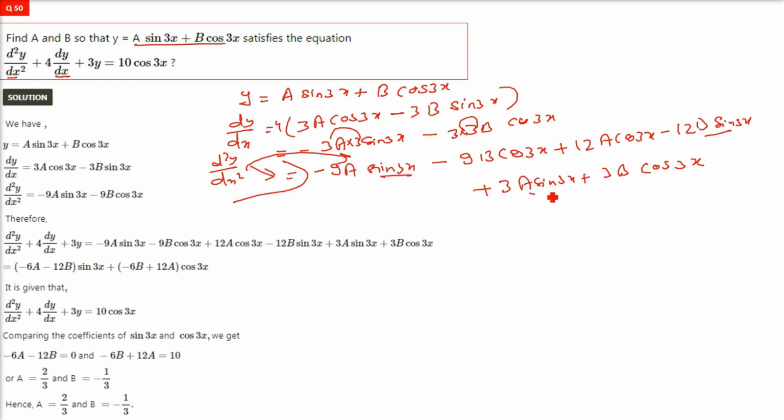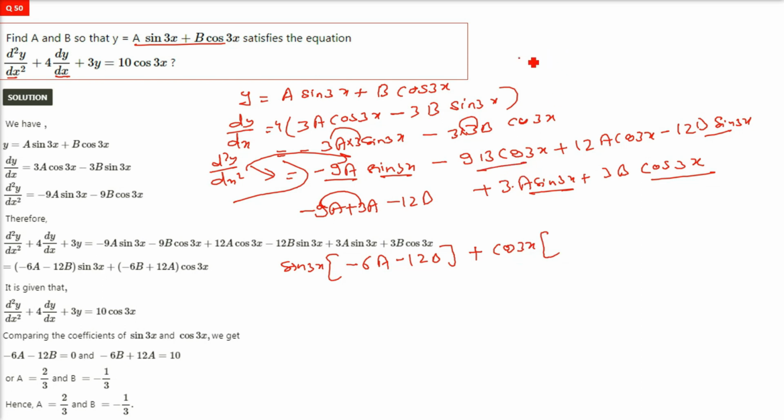Now take the sin 3x term together and take the cos 3x term together. So sin 3x, when you take outside, it will be minus 9a, then we have minus 12b and then 3a. All the terms with sin 3x I am taking together. Minus 9a plus 3a is minus 6a, minus 12b. This is sin 3x. And coming to the cos 3x, this is minus 9b. Here we have plus 12a and then we have plus 3b.